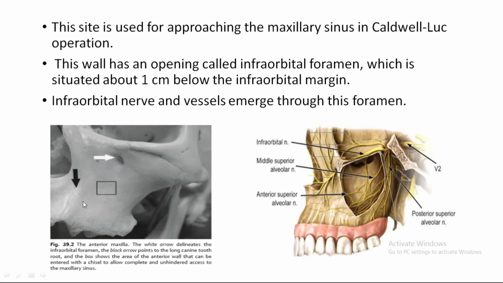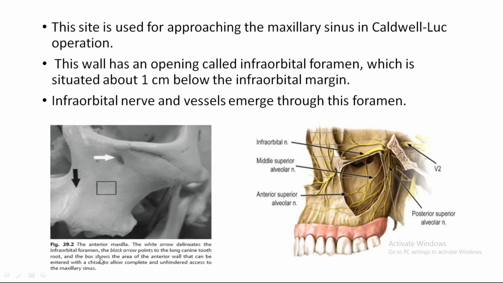The canine fossa boundaries, you can see superiorly you have the infraorbital foramen, inferiorly you have the alveolar arch, medially you have the pyriform aperture and the canine tooth eminence here, and laterally you have the maxilla.